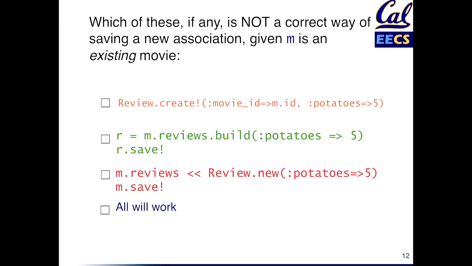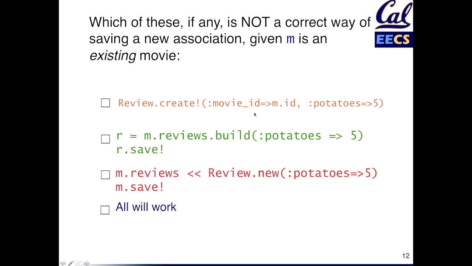So with that in mind, which of the following is not a correct way of saving a new association, given that M is an existing movie? And as a hint for this question, I would say, remember what foreign keys have to go where and how they might get there when you're trying to create a new instance of an object that participates in an association. So we could say Review.create.